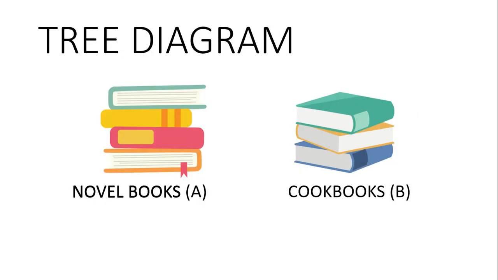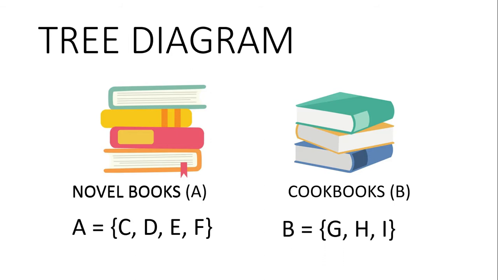We know that we have 2 events to consider. These are selecting one novel book and one cookbook. Suppose the novel books are named as Book C, Book D, Book E, and Book F, while the cookbooks are named as Book G, Book H, and Book I.